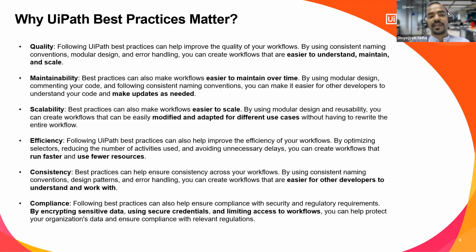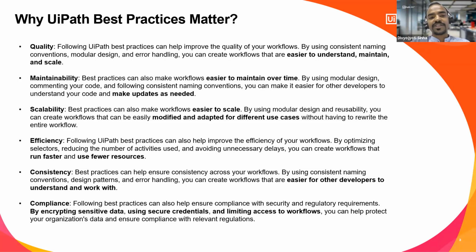Third aspect is the scalability. So that's what I was talking about. Whatever code you are building, you need to make sure that it should be foolproof, and that it can be easily modified in the near future and adapted for different use cases without having to rewrite the entire logic at once, right? The next aspect is the efficiency.